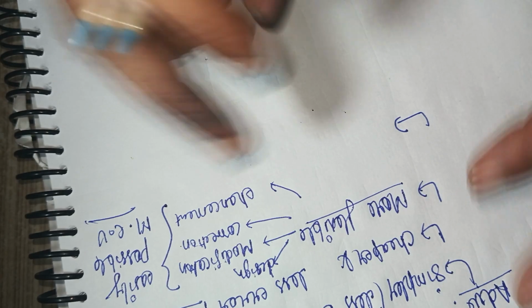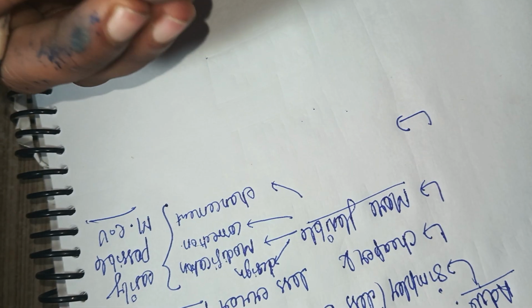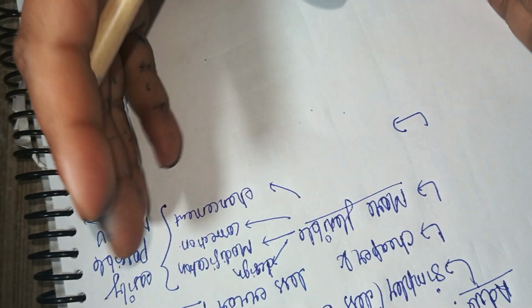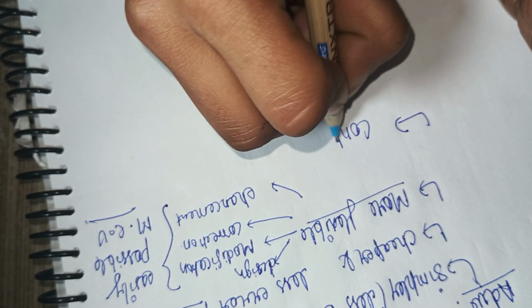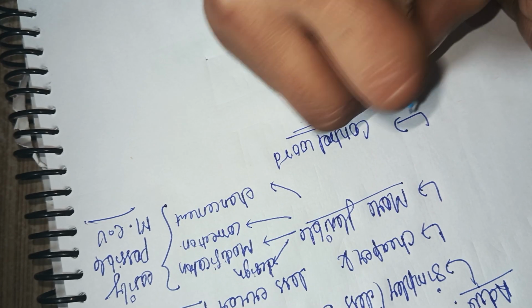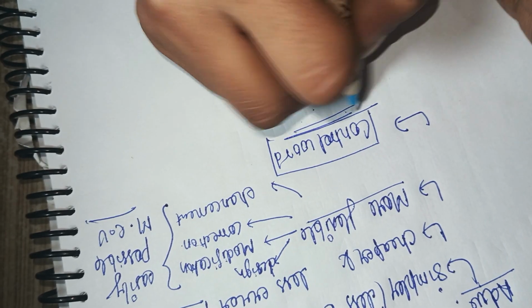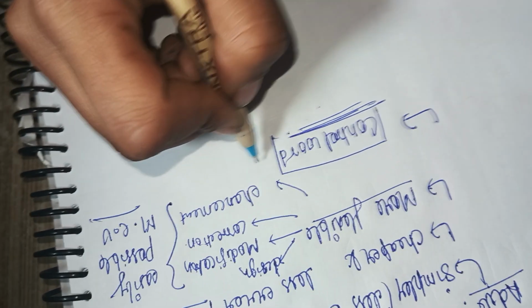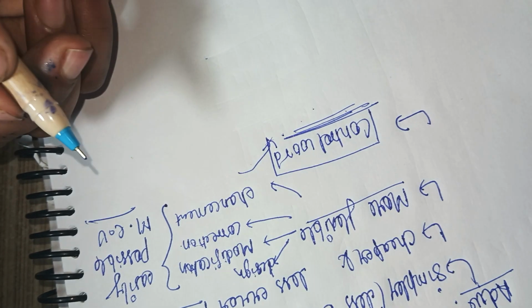If there is a new modified instruction for the CPU, it is easily implemented by rewriting the control word, or the control memory, which consists of the control words.